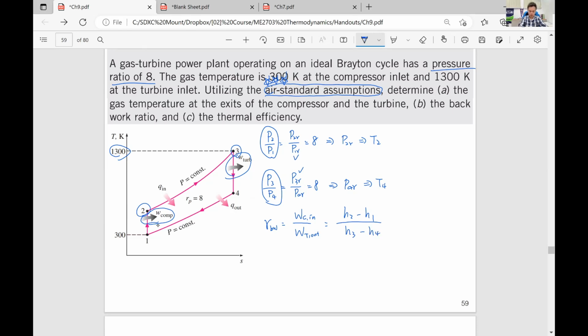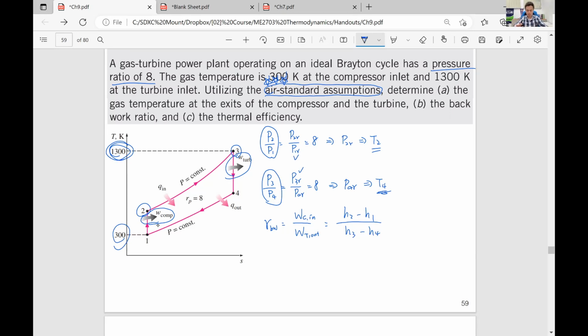Now you know T1, 300, T2, T3, 1300, and T4. So you can use the table to get the enthalpies, because the enthalpy of an ideal gas depends on temperature only, just like the relative pressure.